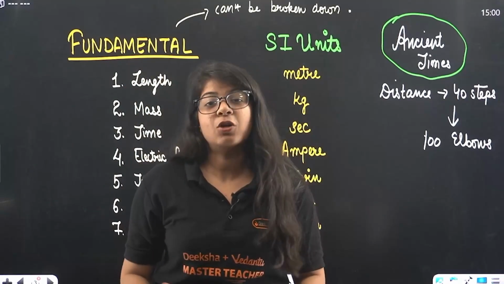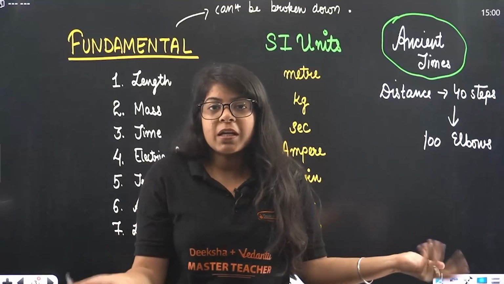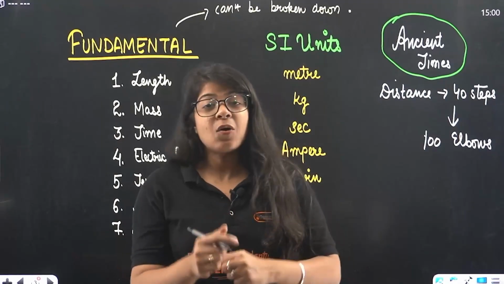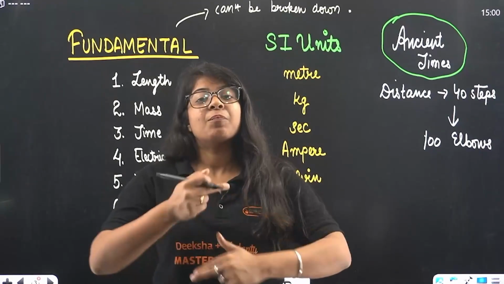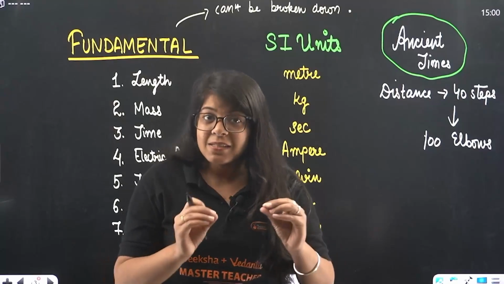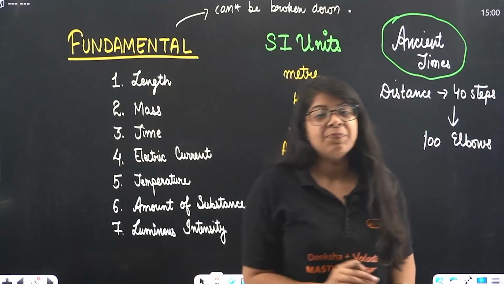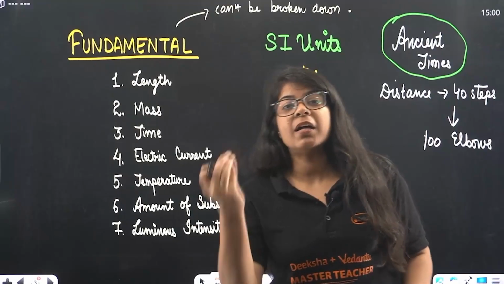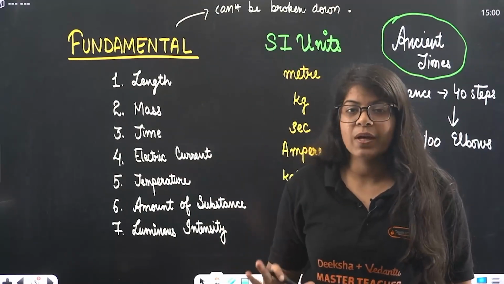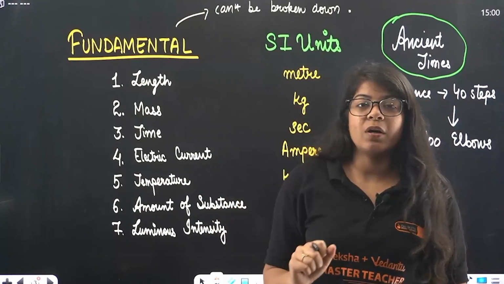Why am I trying to tell you this? You will say, ma'am, distance can also be written as speed into time. Now listen to me very carefully. There is a confusion, right? That's the exact confusion we are here to clear. Fundamental quantities, beta, can't be broken down. Distance can't be broken down.